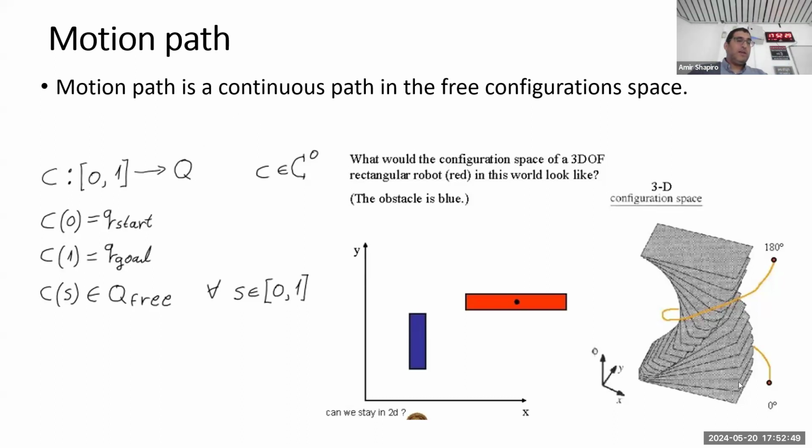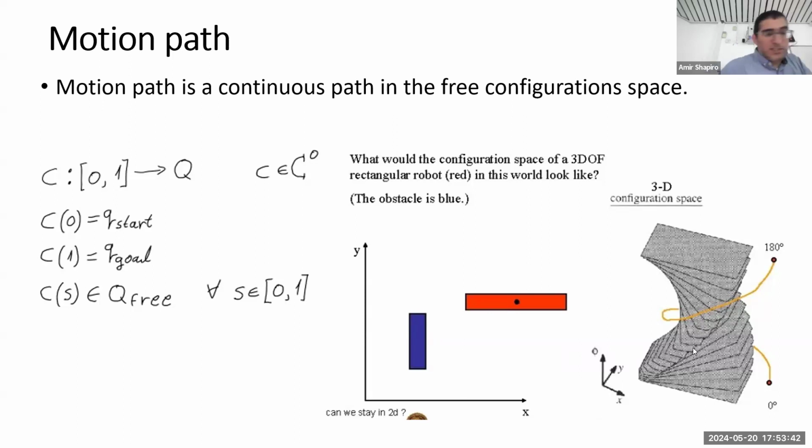We have a parameter C such that C of 0 is the start, C of 1 is the goal point, the target point, and C of parameter S, where S is from 0 to 1, belongs to the free configuration space. And this is for all S between 0 and 1.